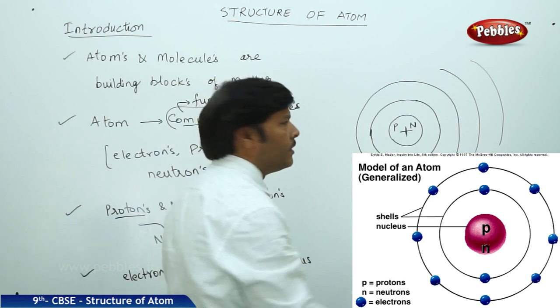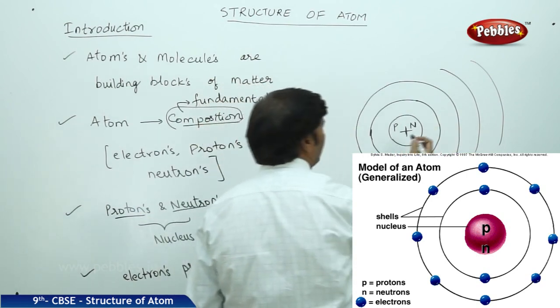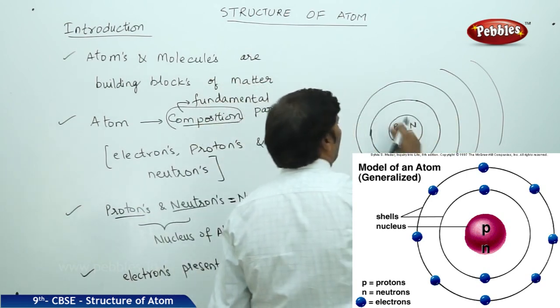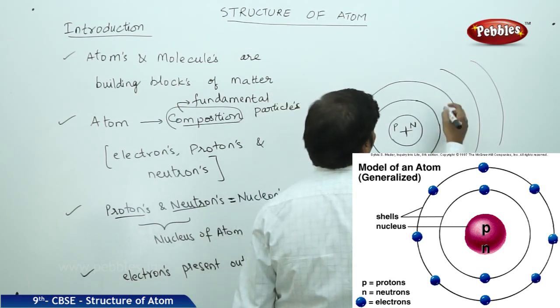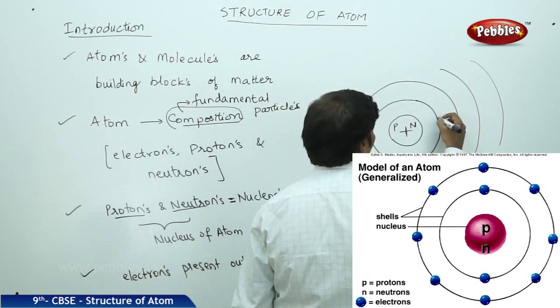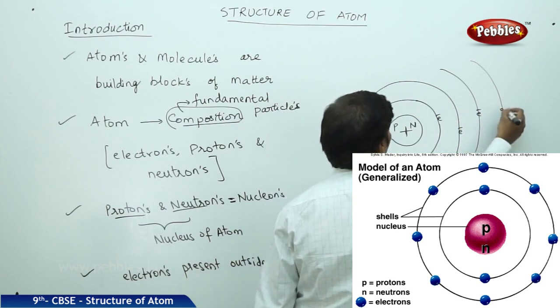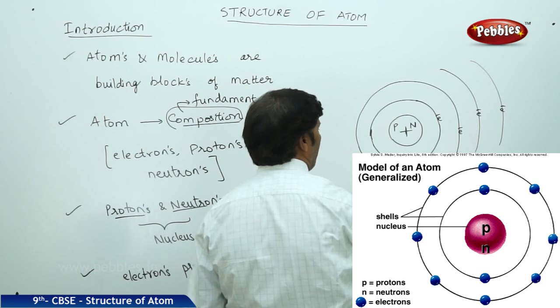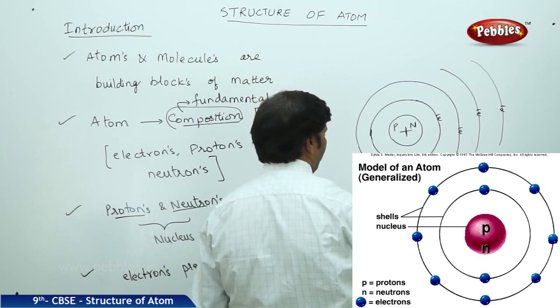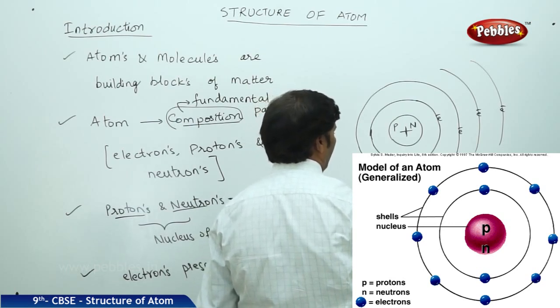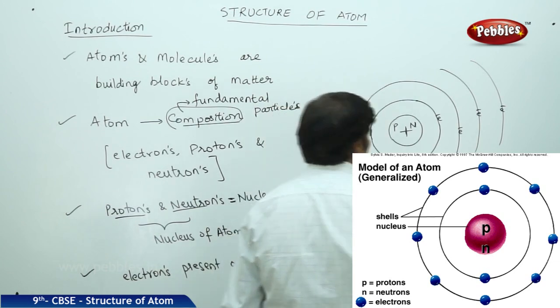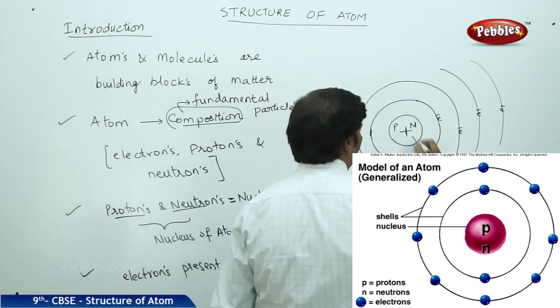Because the atom is spherical in shape, outside the nucleus we have these circular orbits. Here we have electrons. In all the cases you find electrons, and this is the nucleus.